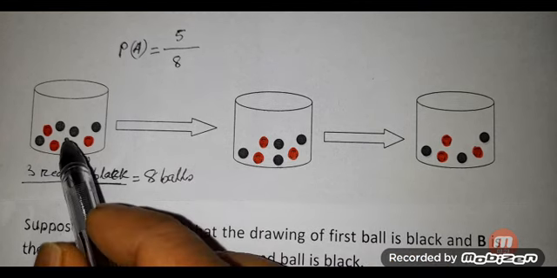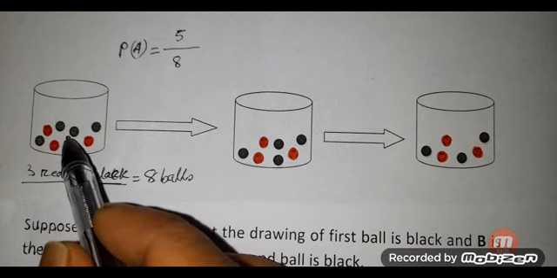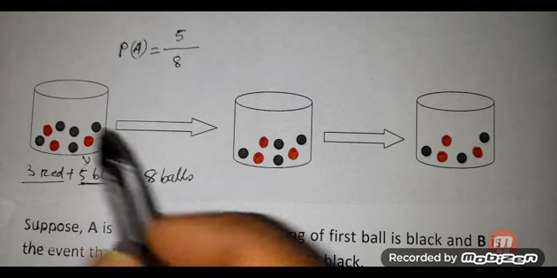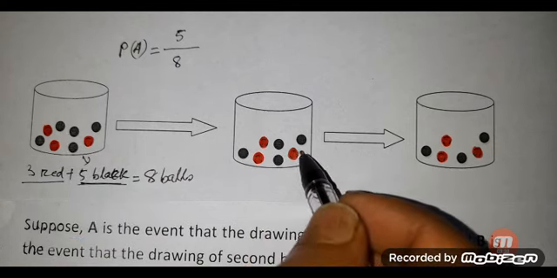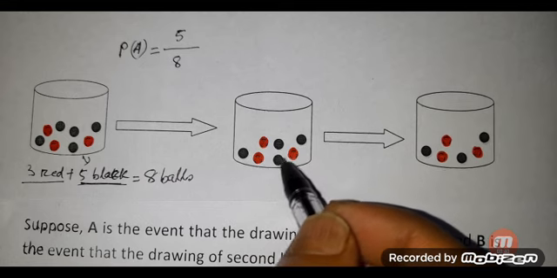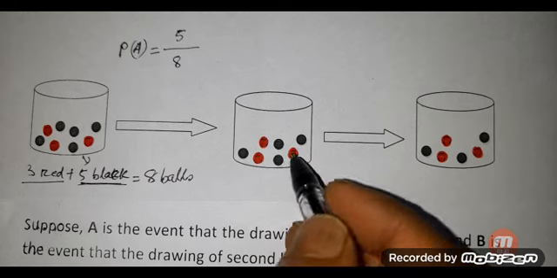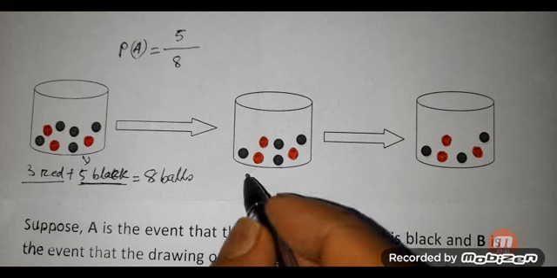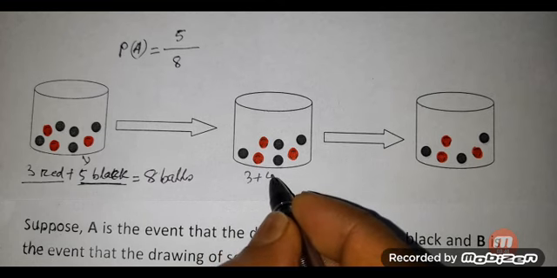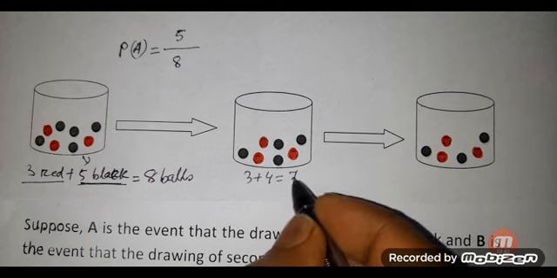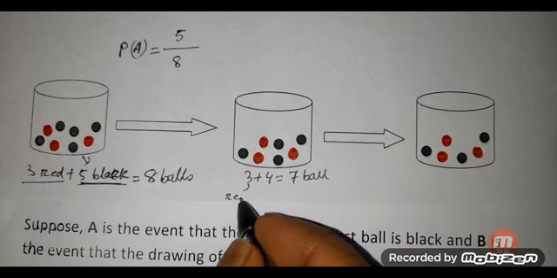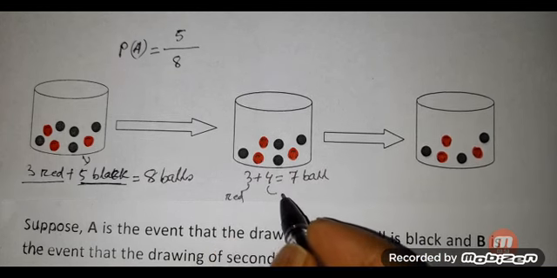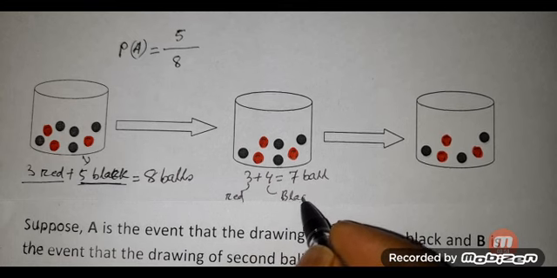Now, after drawing one black ball, the bag will contain 4 black balls and 3 red balls. So, the bag will contain 3 plus 4 is equal to 7 balls, where 3 balls are red and 4 balls are black.